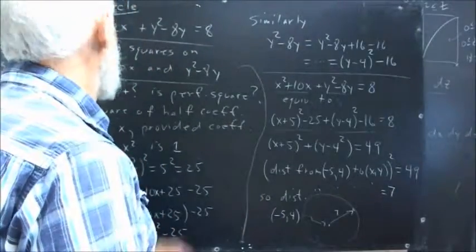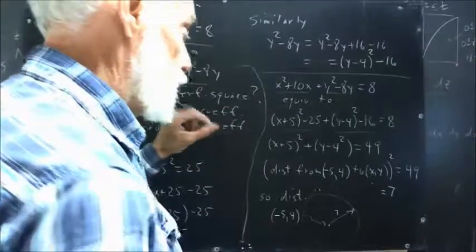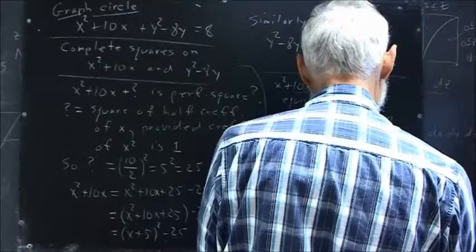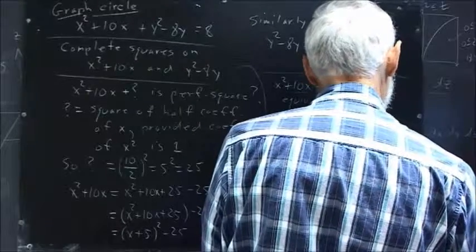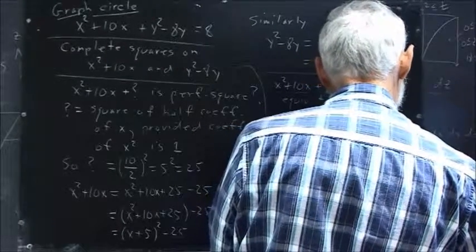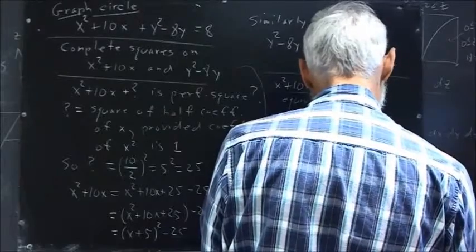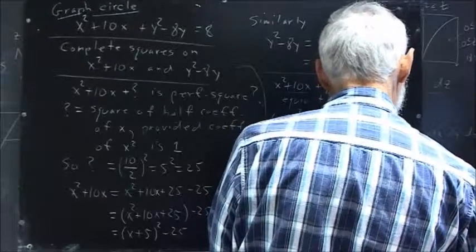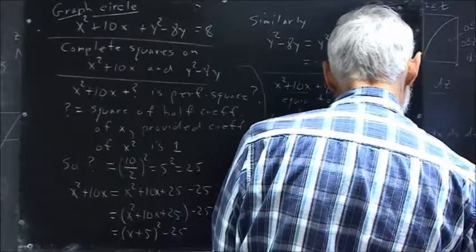So the graph of the equation is the circle centered at negative 5, 4, radius 7.